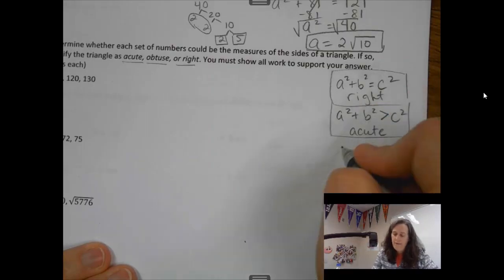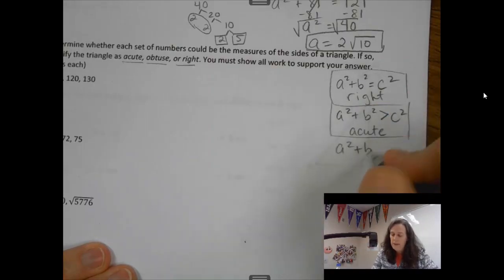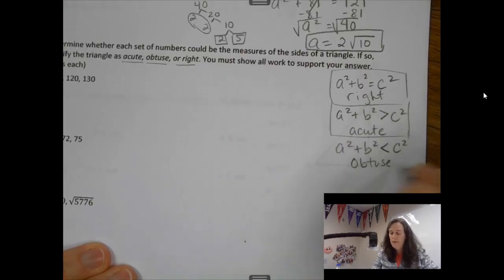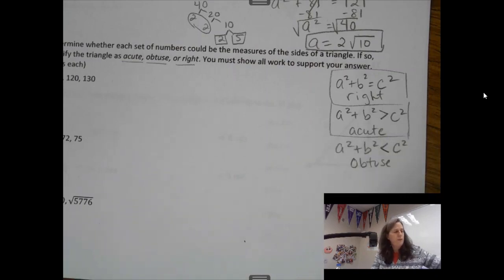And if we have A squared plus B squared is less than C squared, that is an obtuse triangle. Okay, so let's make sure you've got that there, and you've got to think about that.